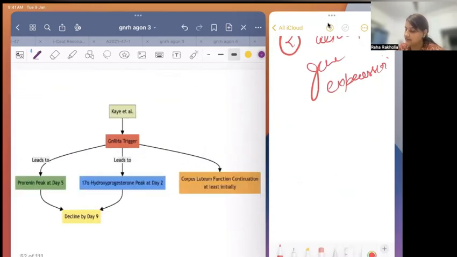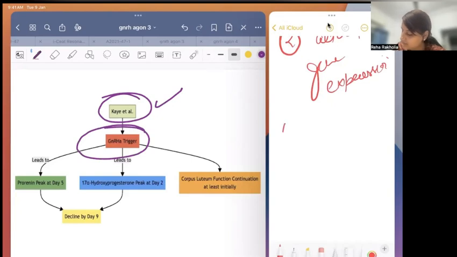Now, I'll explain this with the help of a flowchart. Kol et al. saw that when we give a GnRH agonist trigger, there are two molecules, prorenin and 17-alpha hydroxyprogesterone.